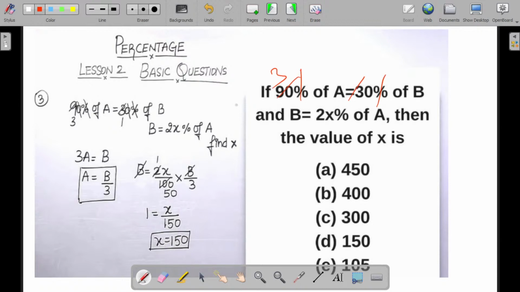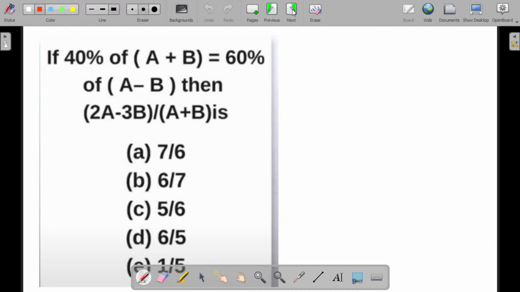So 3A equal to B, you will get here. Then you have to put the value of A, so you can get X as 150. Okay, next question. Do it fast.